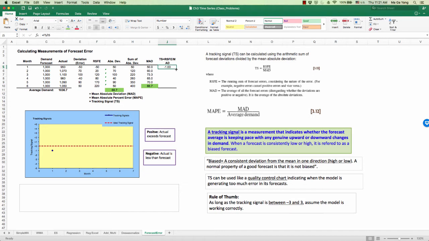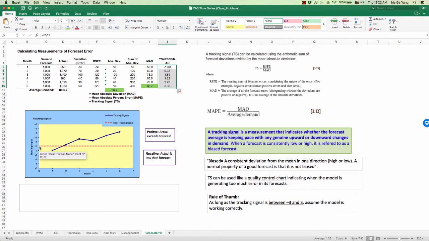So from -1 all the way to positive 3.30, right? When you look at the graph below, the tracking signal is between -1 and positive 3.30. It goes here and here, right? That's the range of tracking signals.